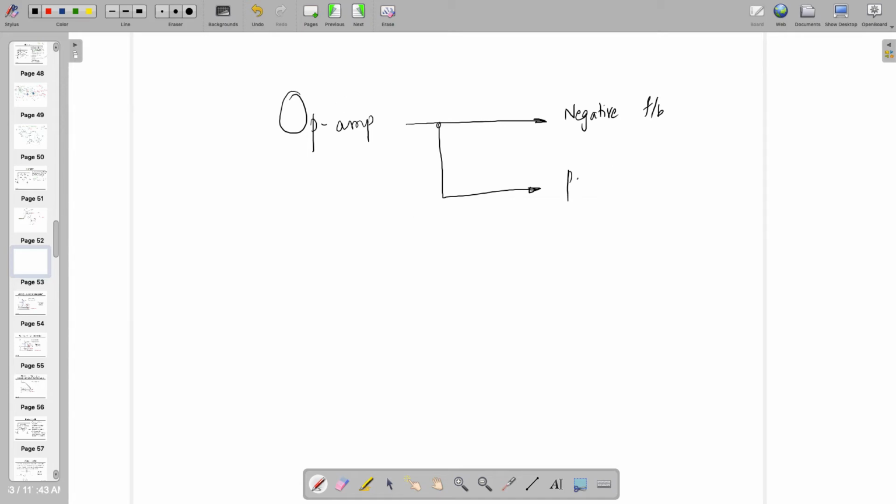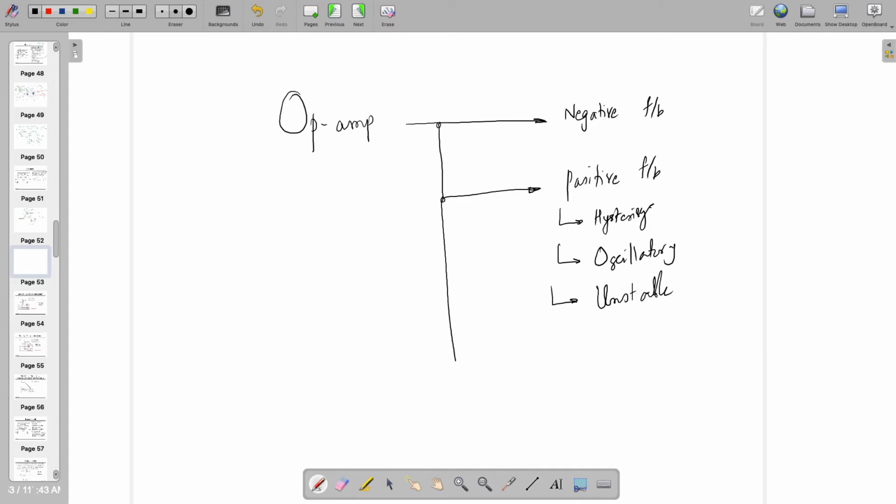Whereas another one is positive feedback, or the Schmitt trigger, where the output is actually hysteresis, oscillatory, and it's always unstable, right? So this is also one of the applications, and if you keep it in open loop, it's a comparator.